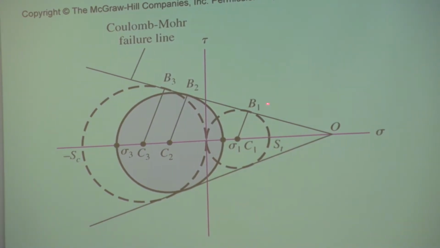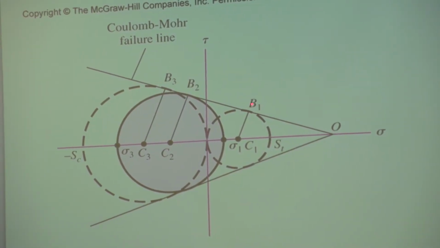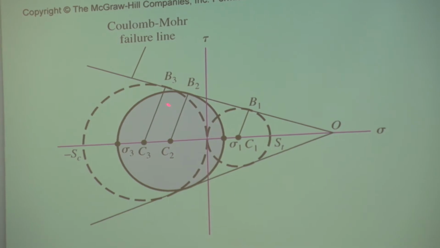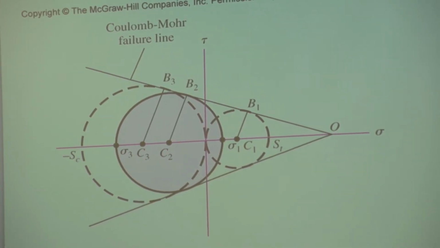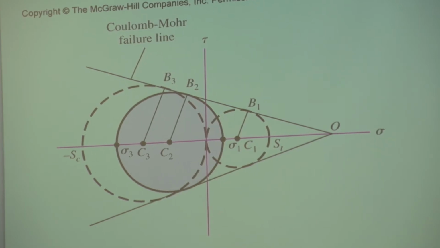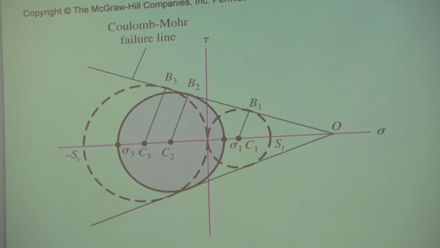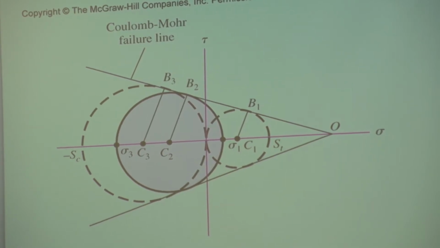If you set up equations via similarity of these triangles OB1C1, OB2C2, and OB3C3, you will come up with an equation that will look like the equation of the Mohr diagram that we this time called Coulomb-Mohr, that we talked about last time.